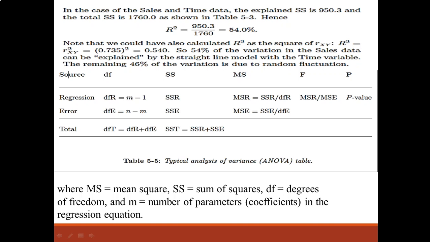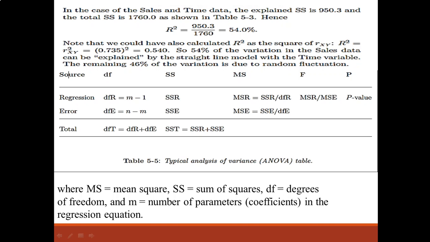So we should make a very important step, which is the ANOVA table in our equations. The first column is the degree of freedom.